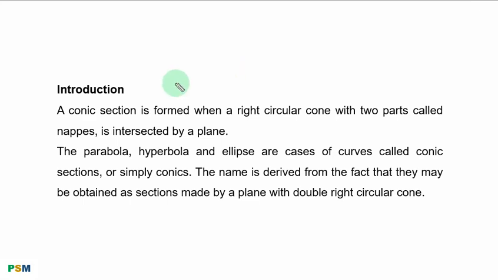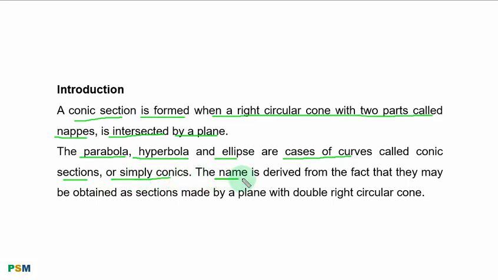Introduction. A conic section is formed when a right circular cone with two parts called nappes is intersected by a plane. The parabola, hyperbola, and ellipse are cases of curves called conic sections or simply conics.